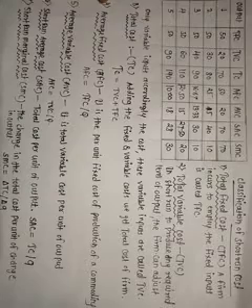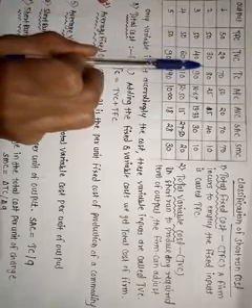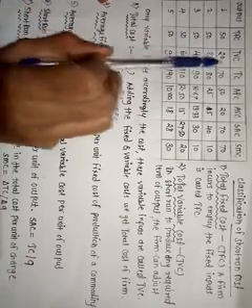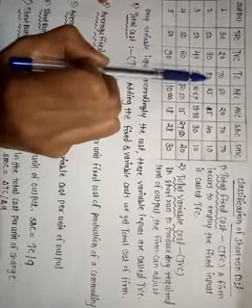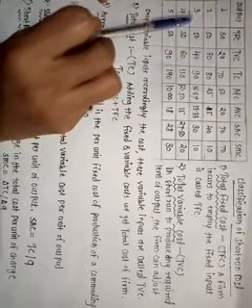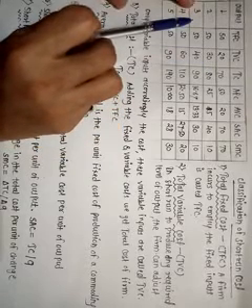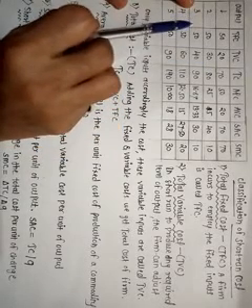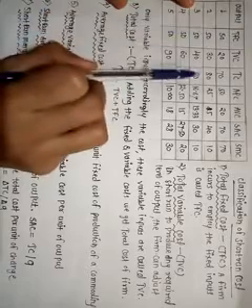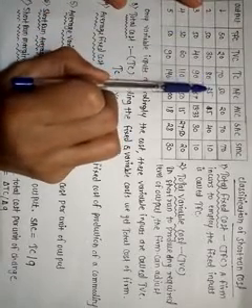Means here, see here, change in total cost means change in the quantity 3. See here, total cost at quantity 3 minus total cost at quantity 2.